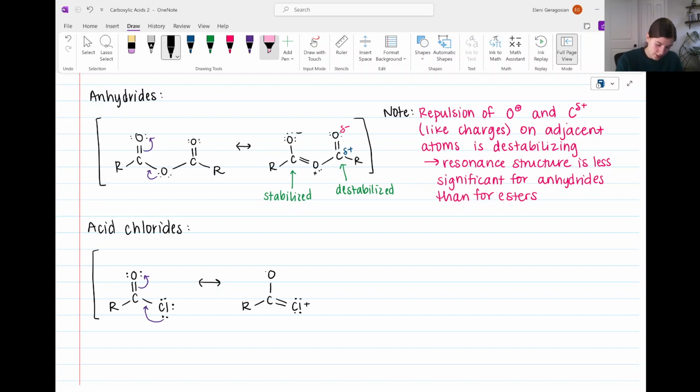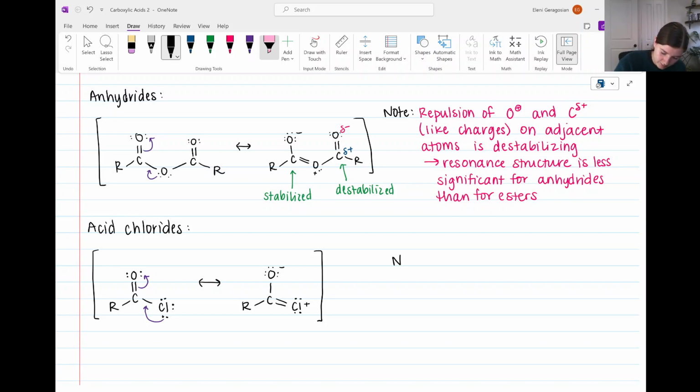That puts a positive charge on chlorine and, of course, negative charge on oxygen. So in this case, for an acid chloride, the atom that could donate electrons, and we're showing that in this resonance structure, is chlorine. But what we know about chlorine is that chlorine's very electronegative. So it's much less willing to give up its electrons than an oxygen or a nitrogen. So that means that this resonance structure with the positively charged chlorine is even less significant than for anhydrides and less significant than for esters and amides.